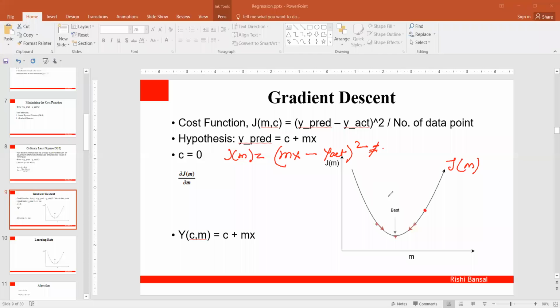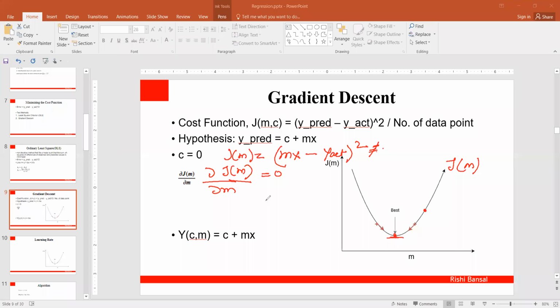Now for any point on this, if I have to minimize it, I need to differentiate it with respect to m and equate it to 0. That is the method. When you solve and put the value, then you will get this point.